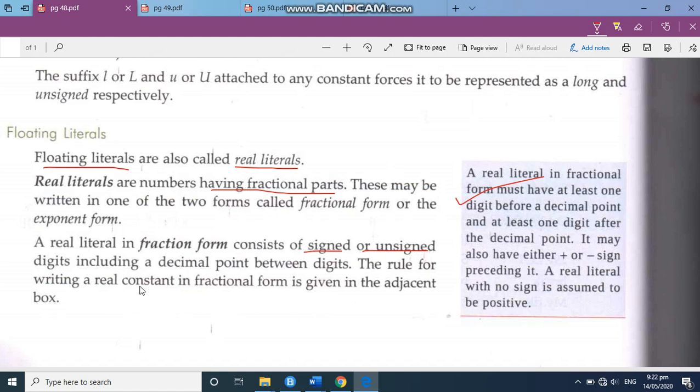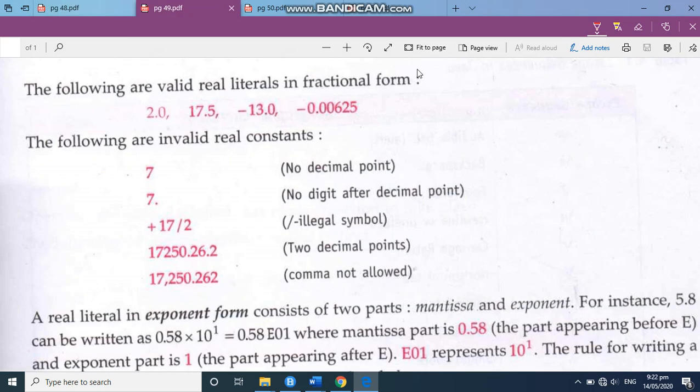And writing a real constant in fractional form is given in the adjacent box. These are examples of valid real literals in fractional form, like 2.0, 17.5, minus 13.0, minus 0.00625. These are all valid real literals.